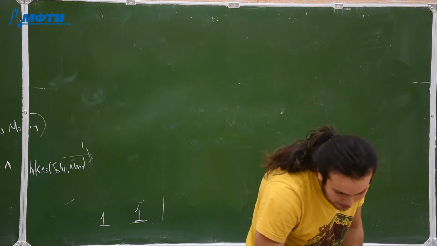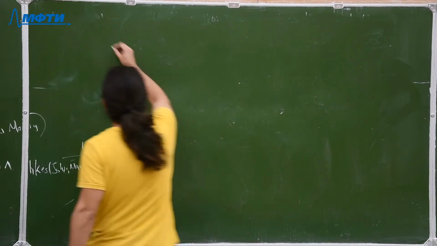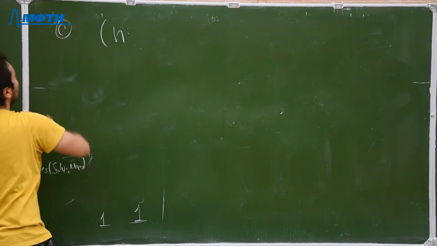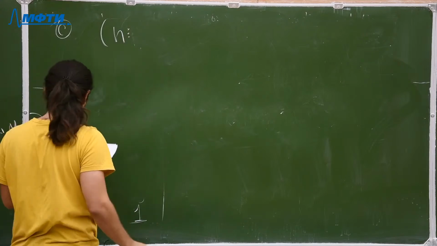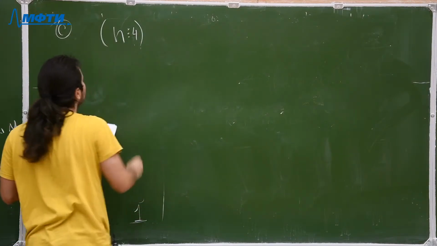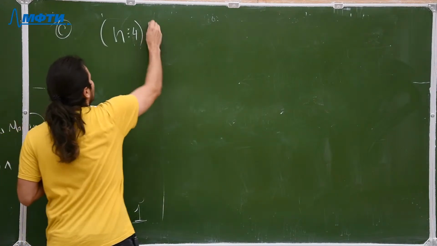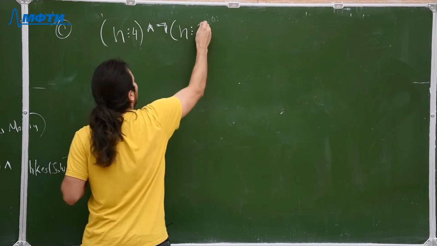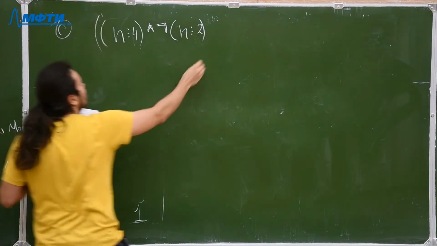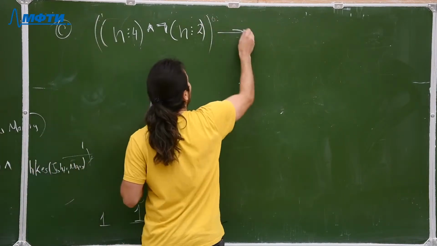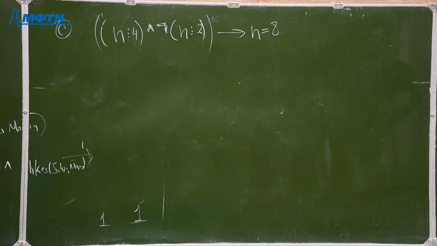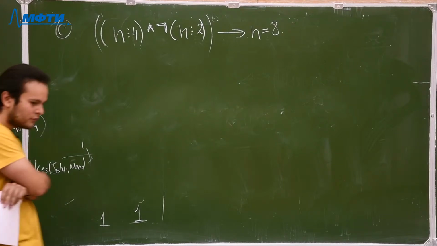Now, C: if n is divisible by 4, but n can be not divided by 2, then n equals 8. What about this one? This is a tricky one.